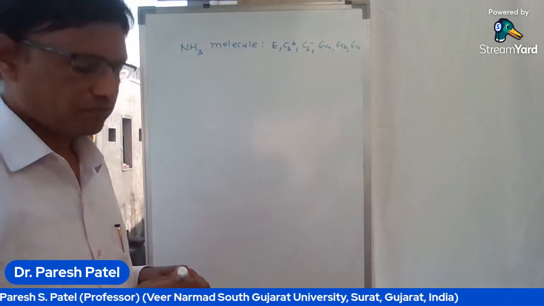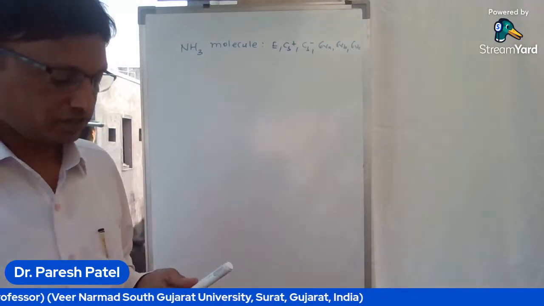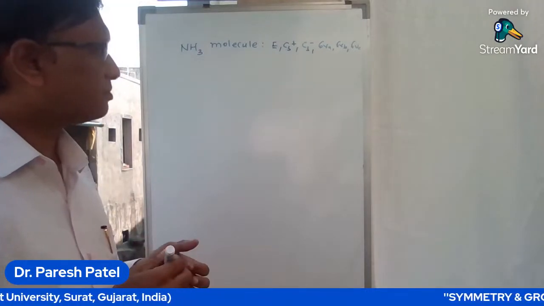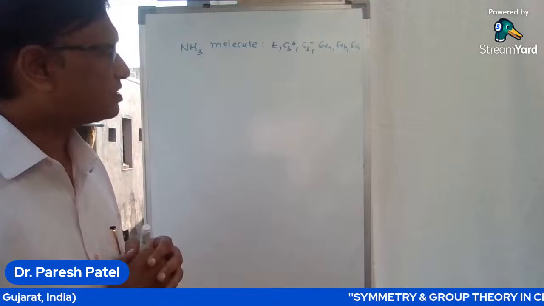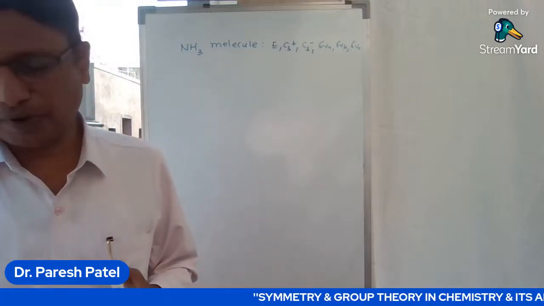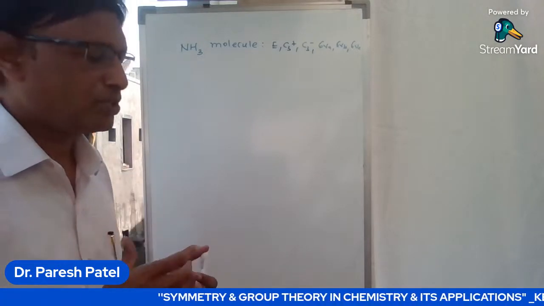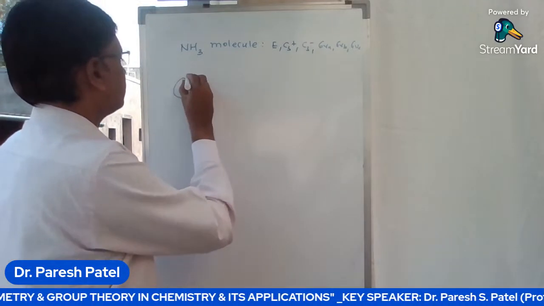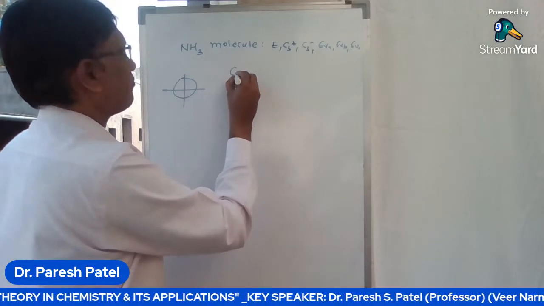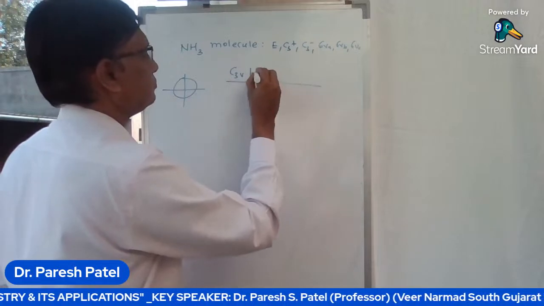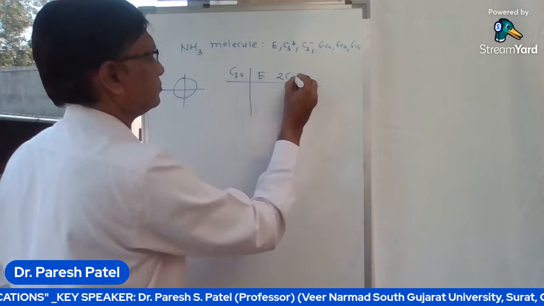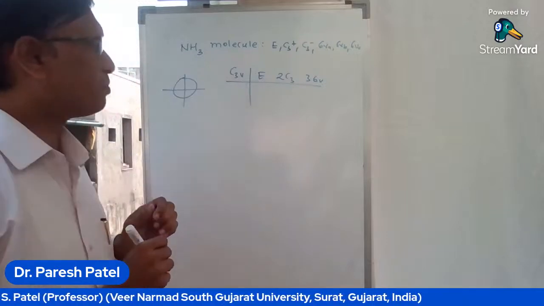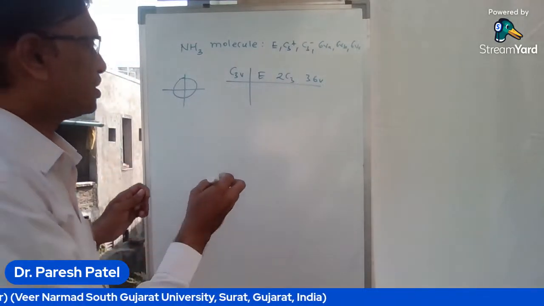Now, first, let us start with the s orbital. If you operate identity symmetry operation, C3 plus, C3 minus, and sigma V symmetry operation on the spherical shape of the s orbital, what will happen? If you operate identity on the spherical shape of the s orbital, there is no change.